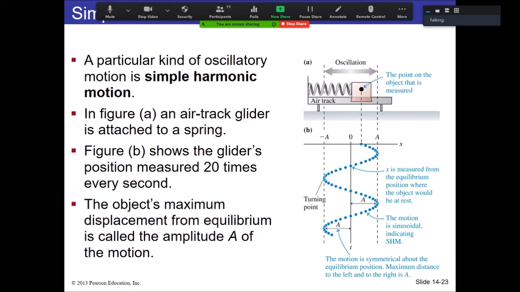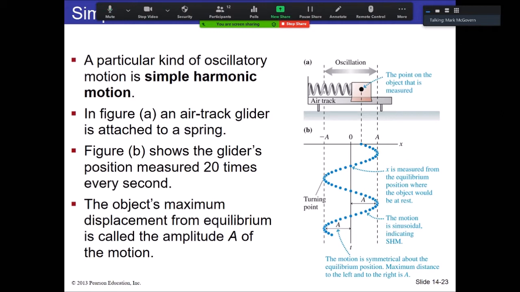All right, so to start off our discussion here, I think one of the simplest ways we can view oscillatory motion is by looking at, say, a mass that's attached to an air track. The idea with the air track is that there's very little friction, so the block can move back and forth, oscillating.